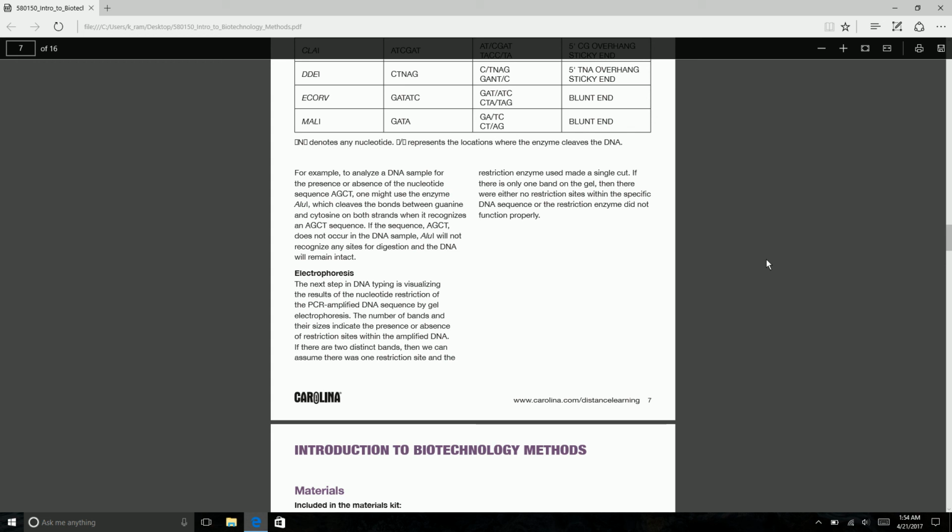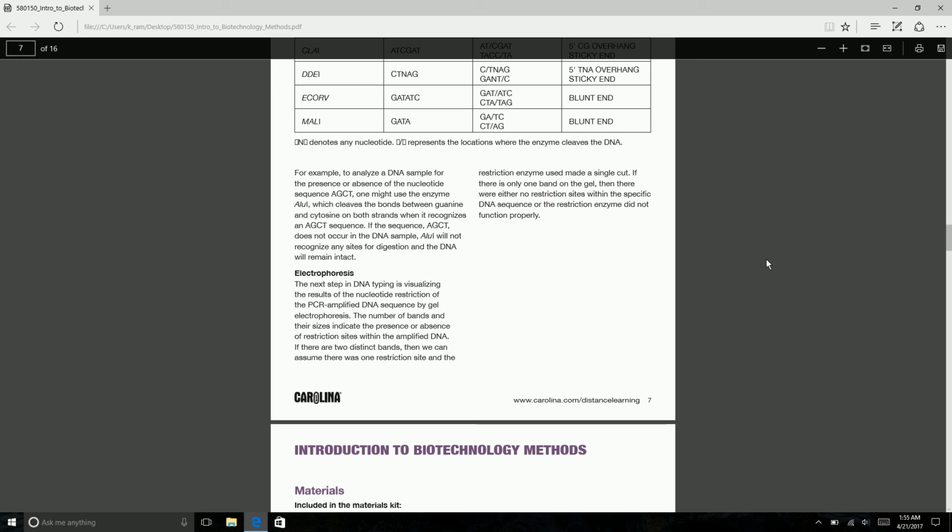So when we run the marker along with our other samples, we can have an estimate of the size of the DNA fragments in our samples, by comparing the DNA fragments from other samples with the DNA fragments in the marker. So that is the role of the DNA marker.